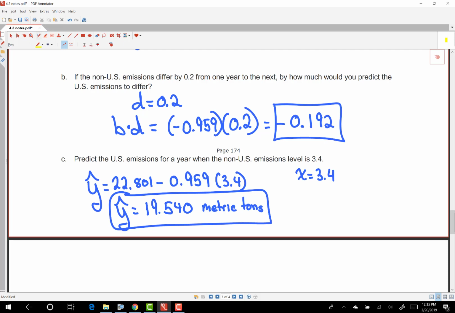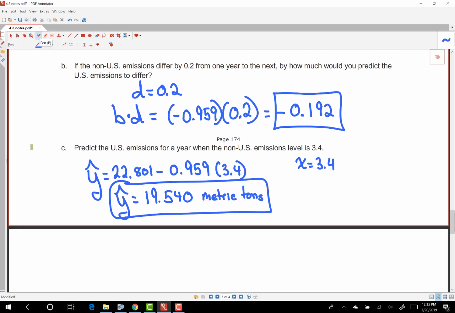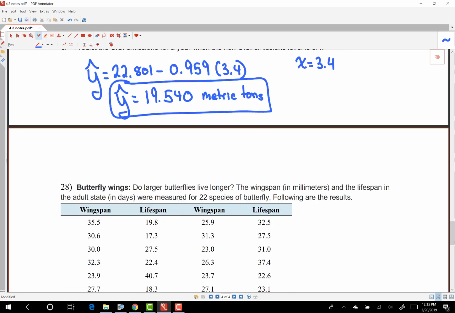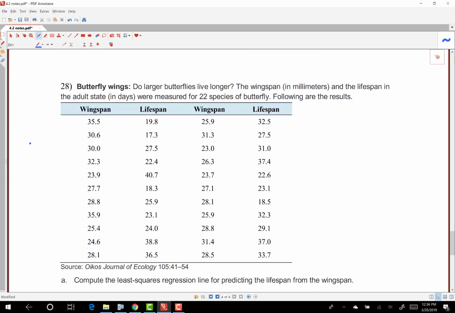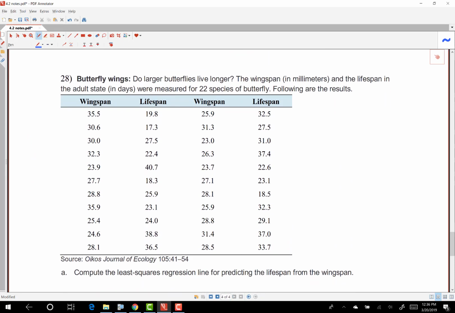Okay, I think I just have one last example on this. It's on butterfly wings, and it says, do larger butterflies live longer? The wingspan in millimeters and the lifespan in the adult state in days were measured for 22 species of butterfly. Following are the results.